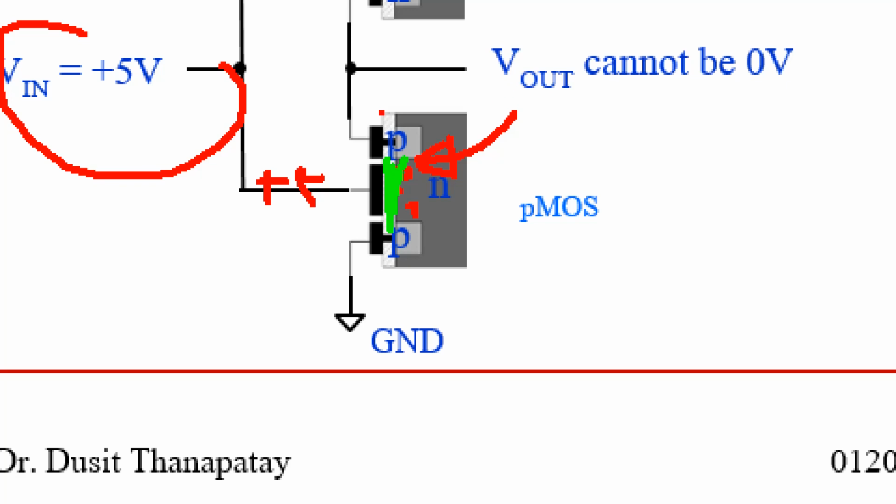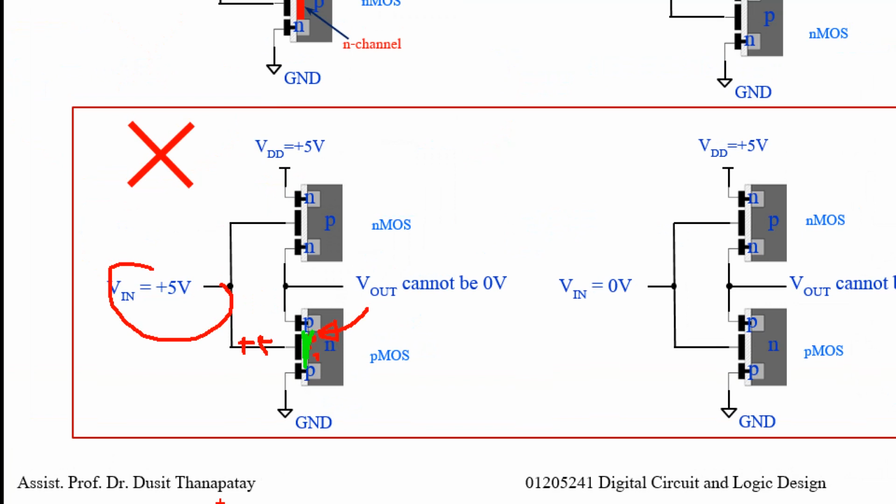So this one cannot conduct, so it is in the off condition. And how about this one? When you apply 5 here, and this side is also 5, the same potential, so this transistor cannot turn on. That means this one does not turn on, this one does not turn on, so you cannot use it, right?